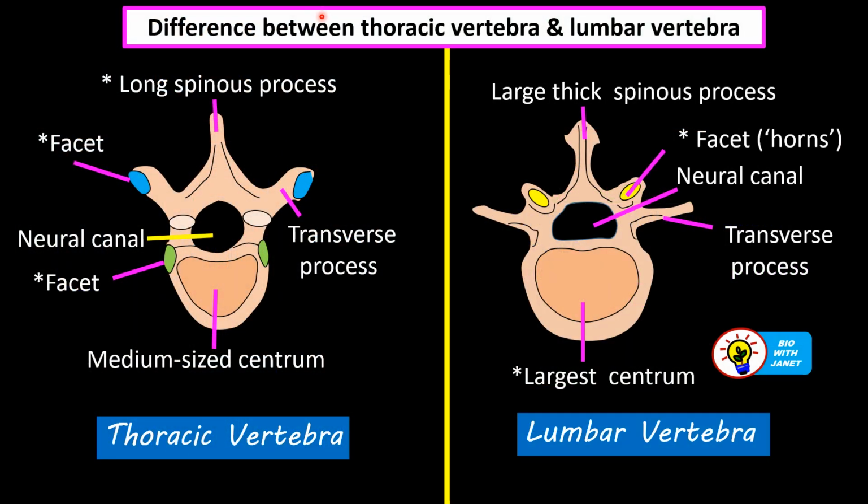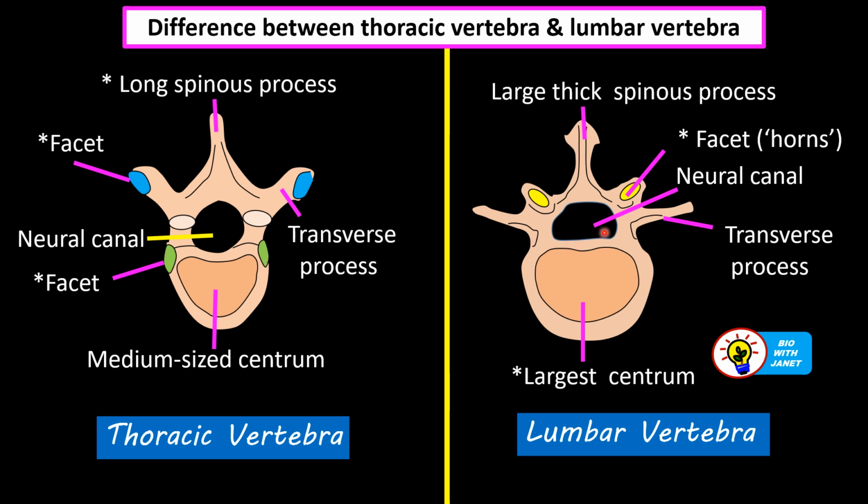Now, how do we differentiate between the thoracic vertebra and the lumbar vertebra? The first characteristic is the pair of facets on the thoracic vertebra, on the transverse process, and also another pair of facets on the sides of the centrum that articulate with the ribs.